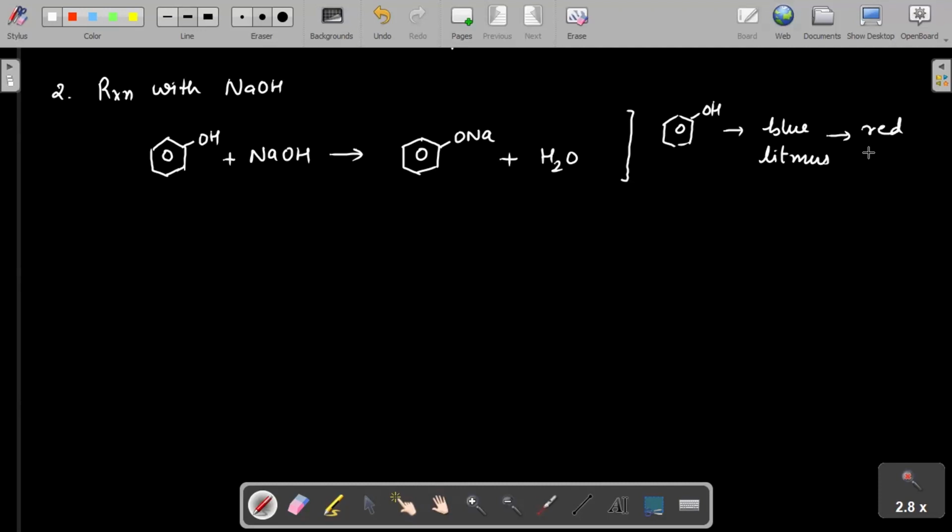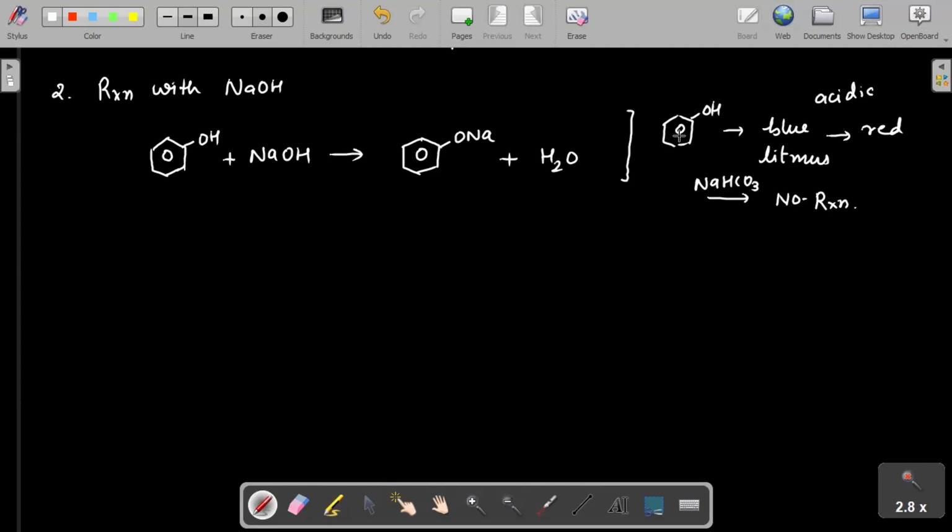That means it shows acidic nature. But surprisingly, you will find that it does not react with sodium bicarbonate, which it would have to react with as an acid. Like all acids, carboxylic acids react with sodium bicarbonate, that is baking soda, and evolve carbon dioxide. But the phenol does not show any reaction.